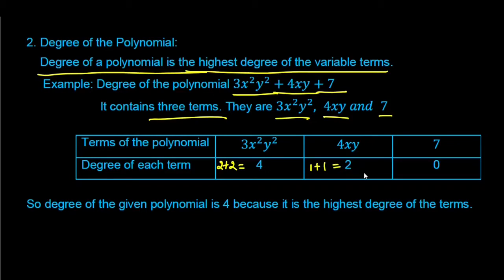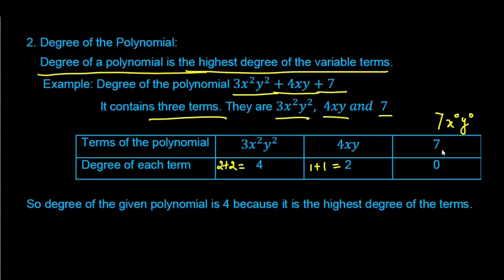The degree is 2. 7 is a constant term. There is no variable. We can consider 7 as 7x power 0, y power 0. As we have x and y variables in other terms, we can treat the variables existing in this term also with the exponents zeros. So 0 plus 0 is 0.